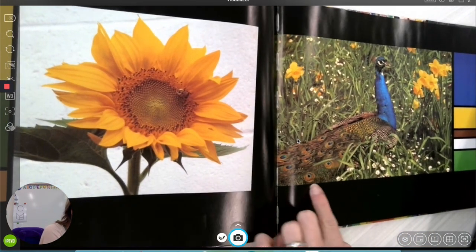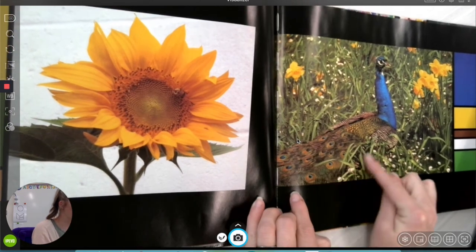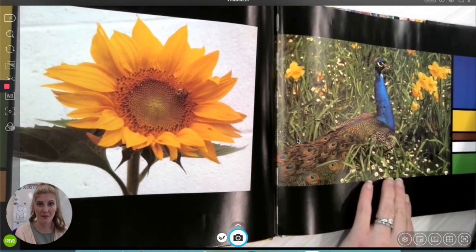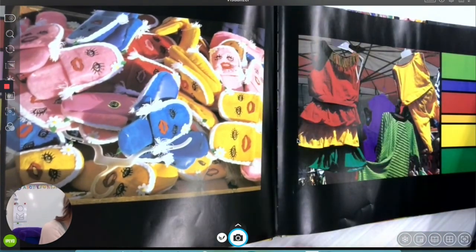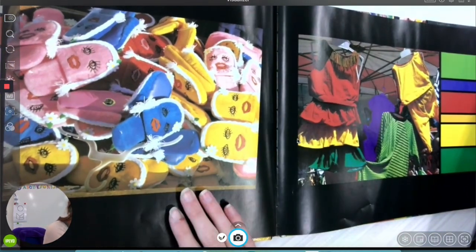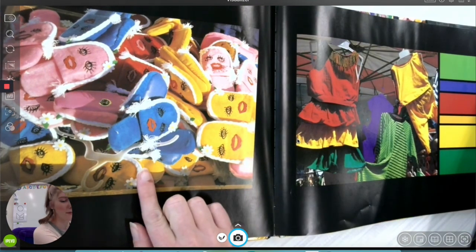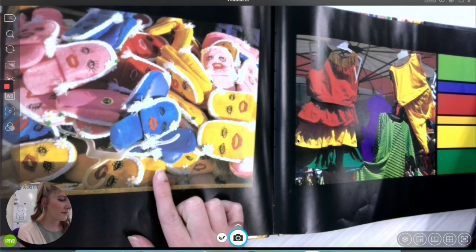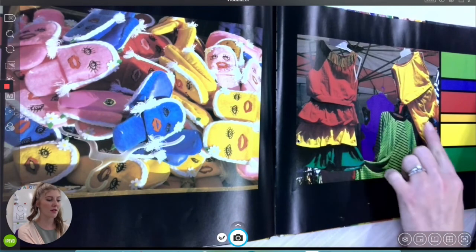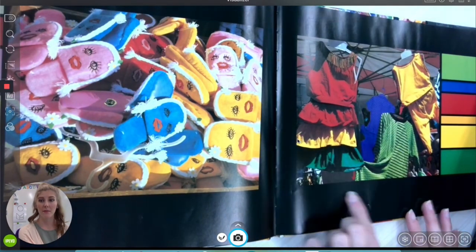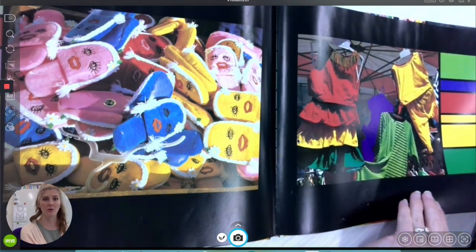And look at all of these beautiful feathers. I hope you're noticing some things that I'm noticing too. Oh my goodness. I think these are shoes. Maybe they're slippers. Got some different clothes on hangers. Maybe they're on display to be sold.